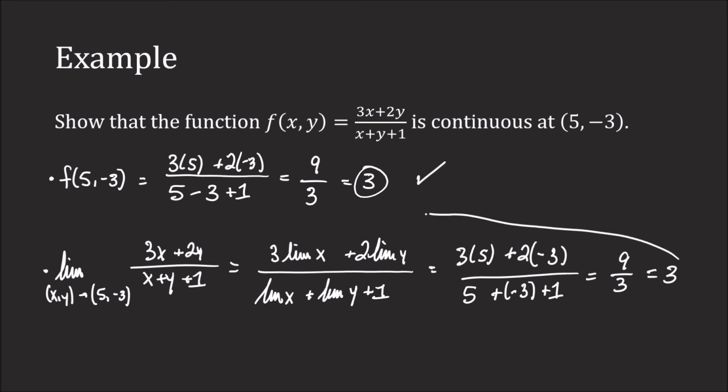Since these two values are the same, not only does the limit exist, but it equals f of 5, negative 3. Therefore, our function f of xy is continuous at the point 5, negative 3.